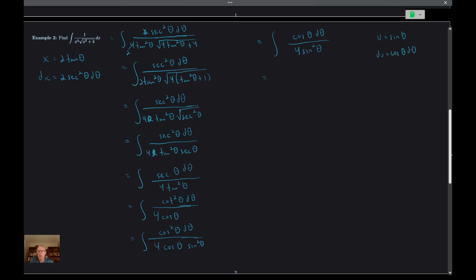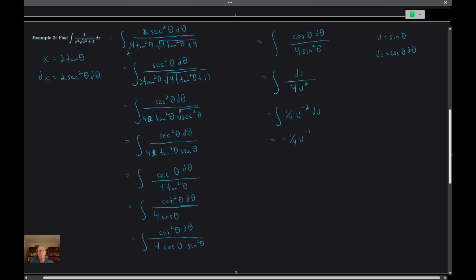So that gives us a du on top, and then 4u squared on bottom. And if you like, we can rewrite this as 1/4 u to the negative 2 du. Then just integrate like you know how to do. Add 1 to the exponent, divide by the new exponent, so we get negative 1/4 u to the negative 1.